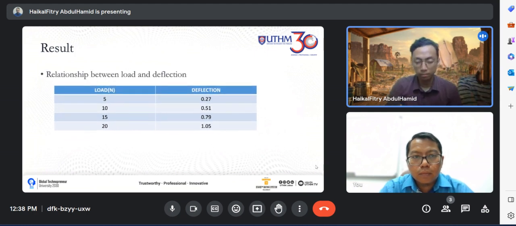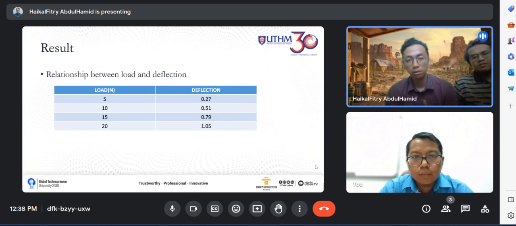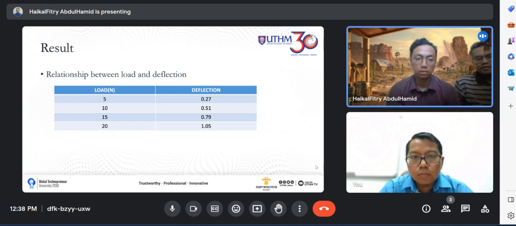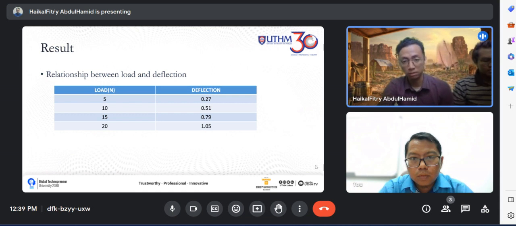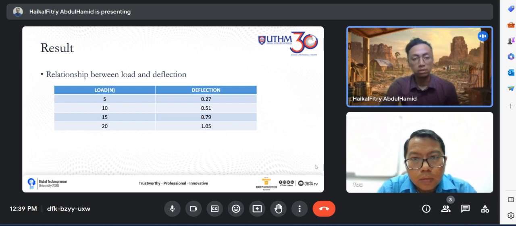Okay, this is our result. For the relationship between the load and the deflections. Okay, the first load is about 5 newtons, and the deflection is about 0.27. The load of 10 newtons has deflection 0.51, and at 15 newtons, the deflection is 0.79, and then the load is 20.